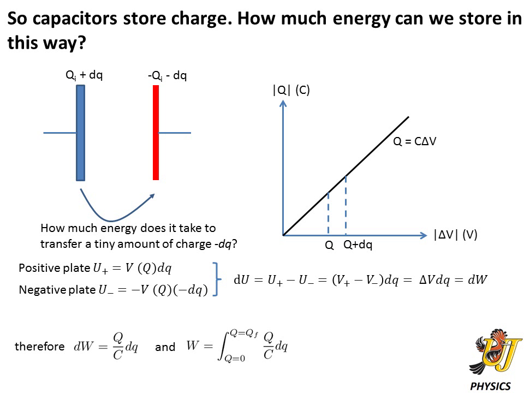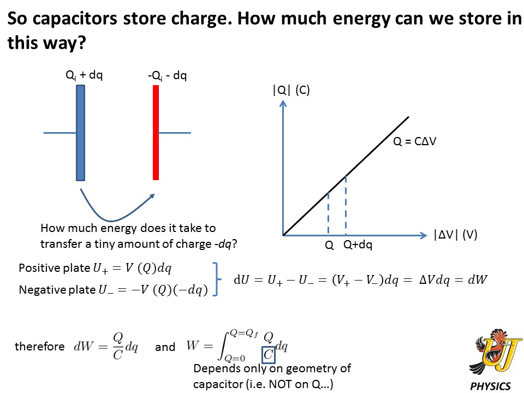In order to calculate the total amount of work done to charge a capacitor from initially having zero charge to having some charge Q final, we must now calculate the integral of the work done, as shown on the bottom of the screen.